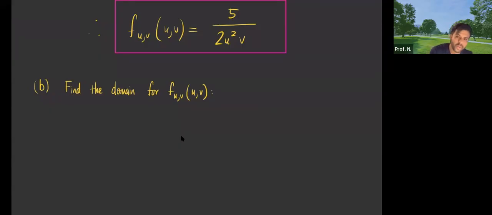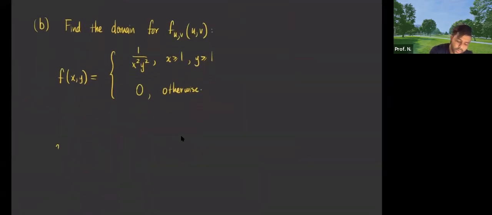Let's remember what our original function was. f(x, y) is equal to 1 over x squared y squared, if x is greater than 1 and y is greater than 1, and it's 0 otherwise.